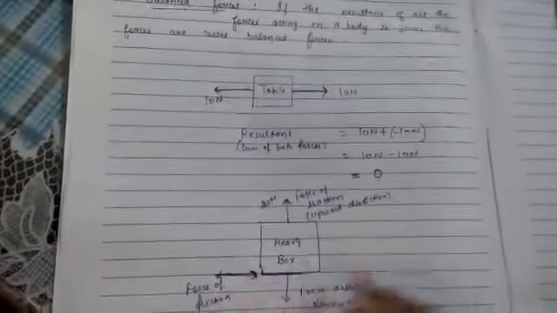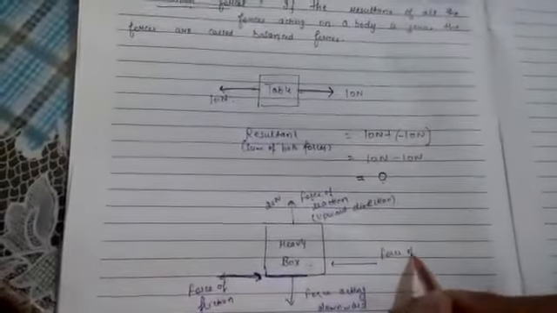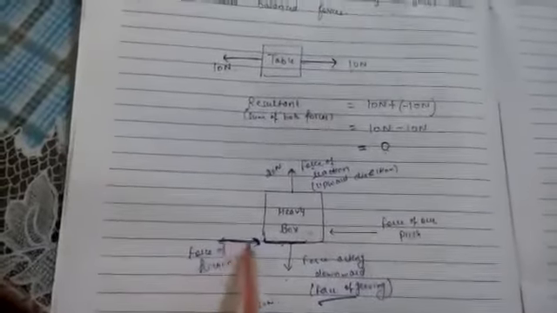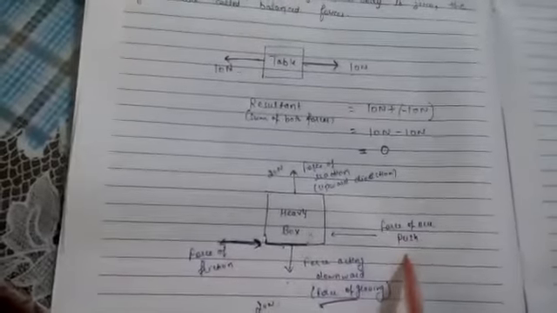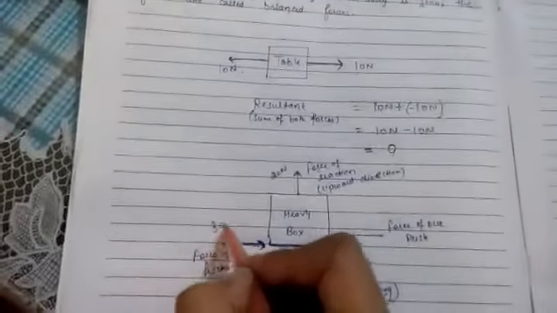But if we push this box, that is the force of our push. If this box does not move, it means force of friction and force of our push, they both are equal and they will cancel each other. Suppose force of friction is 30 Newton.